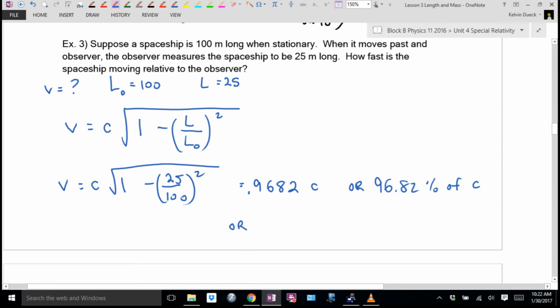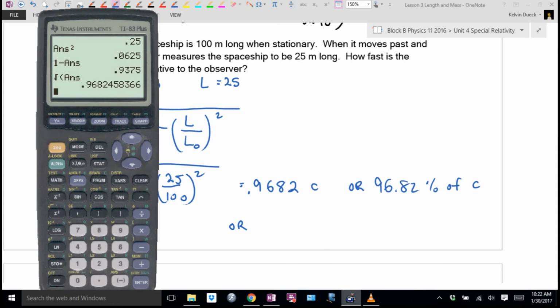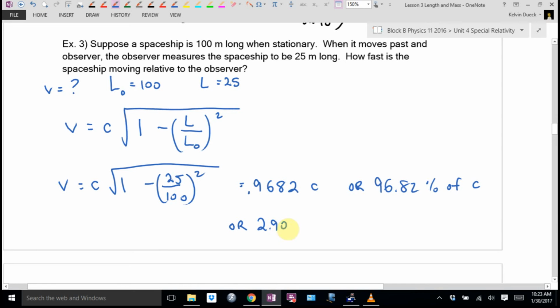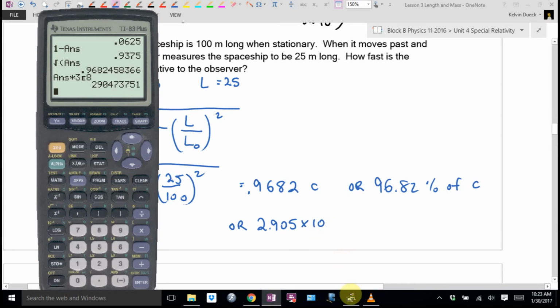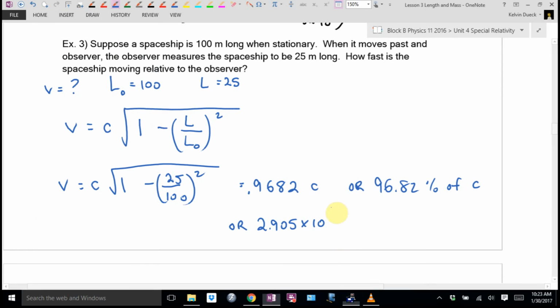Or if you wanted it in meters per second, I could multiply this by the speed of light. 96.82% of means multiply. In meters per second, 2.905 times 10 to the, oh yeah, because it's really close to the speed of light, it's going to be 10 to the 8th meters per second.